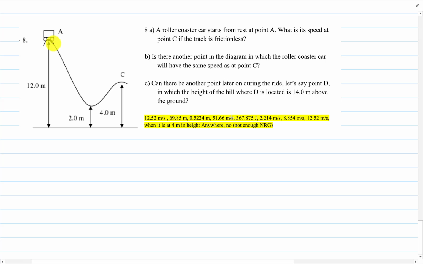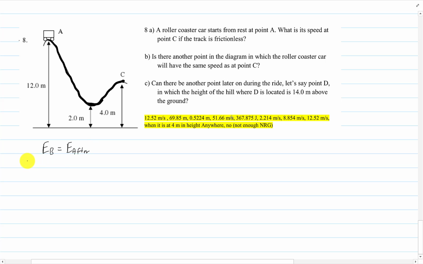So it goes down, probably picking up speed, and then at the bottom of there, it goes back up to point C. So we're not looking at the bottom, which is probably point B. We're trying to see, if it's frictionless, what is the speed at that point? This is a conservation of energy question. So the energy before equals the energy after.